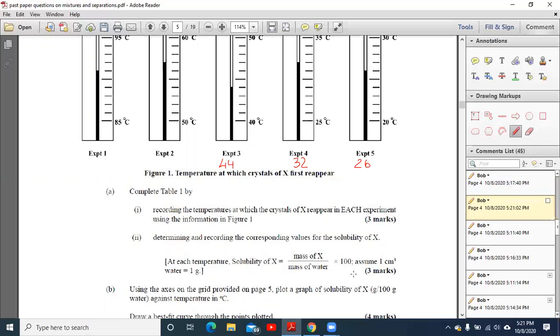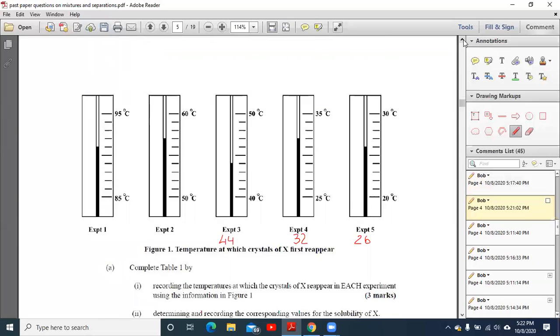But just in case you're in a situation where they don't give the equation, let's look at the equation and understand how they got this particular equation, or why we're using this particular equation. So it says at each temperature, solubility of X is equal to the mass of X divided by the mass of water multiplied by 100, assuming 1 cm cube of water is equal to 1 gram of water.